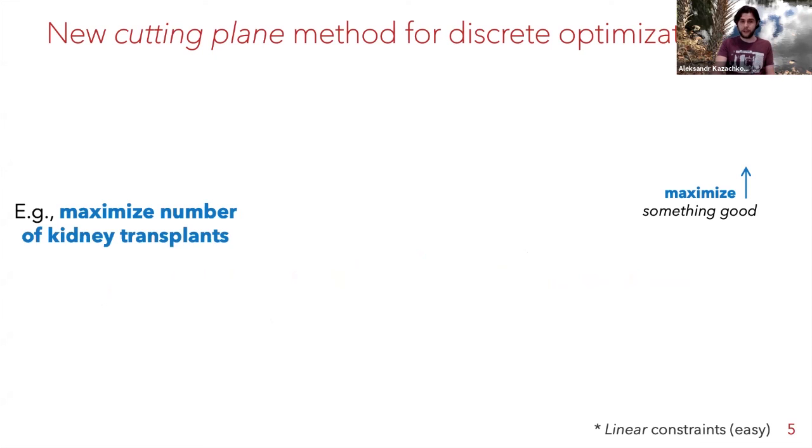Let's start off with introducing a little bit of notation and the setting. Discrete optimization is the setting in which we are trying to, for example, maximize something good. For example, as Andrea mentioned, I worked in organ exchange markets, and in kidney exchange markets, you might want to maximize, for example, the number of kidney transplants.